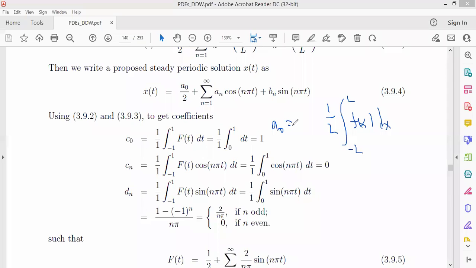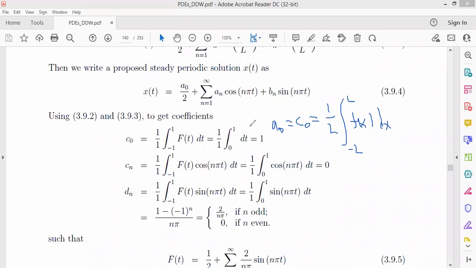Or if we write it specific to the example, that is C naught, which is equal to that one. And what we have written here is what we are expressing here. But remember, our ft is 0 from -1 to 0, and I think it is a 1 from 0 to the upper limit L, here being 1.